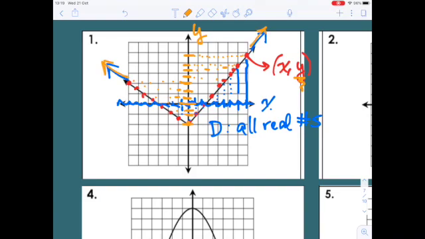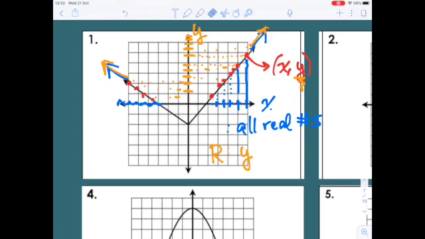And you can also see that this function goes on forever, so we would have all of these other y values. However, not all y values are part of my range, because my function has a minimum value over here at -2. So my range is going to be all the values above -2.